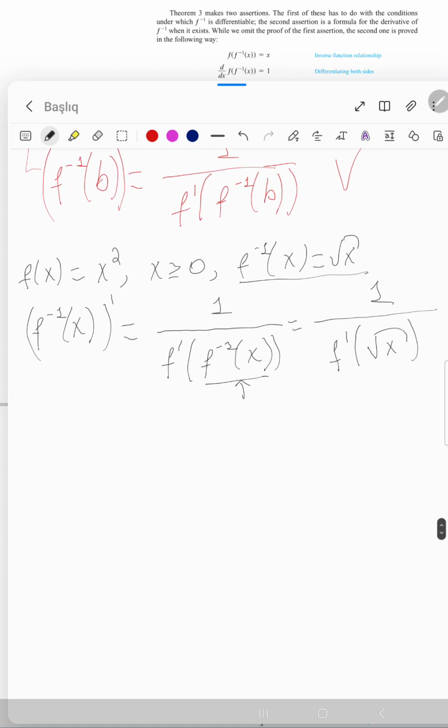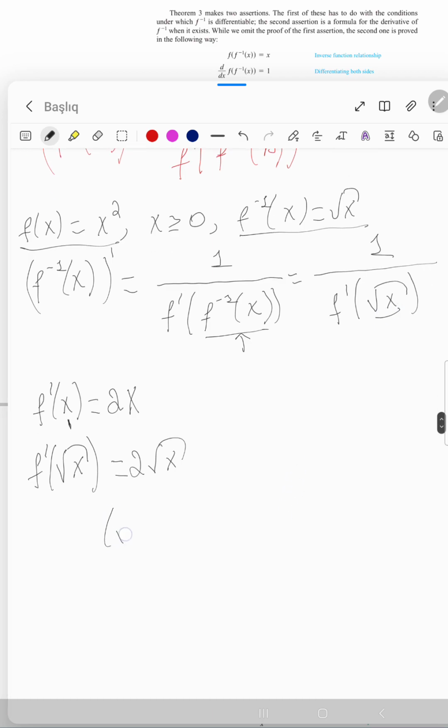So we have to find f derivative at square root of x. What is f derivative x? The derivative of the main function is 2x. What is the derivative at square root of x? We just put square root of x in place of x. Never find the derivative of square root of x in this case.